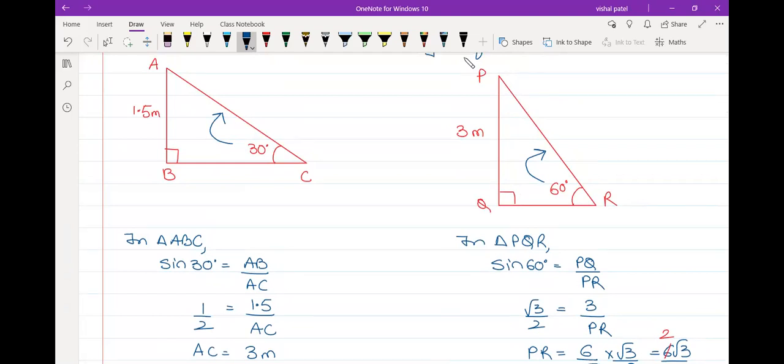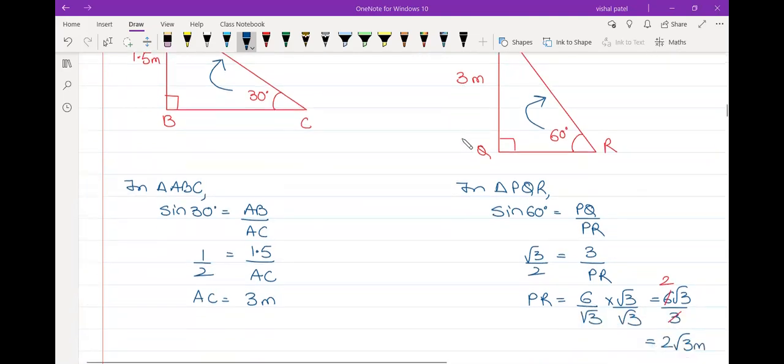They had given the height above the ground and you have to find out the length of the slide through which you're going to slide down. So till here, I don't think the sums are difficult at all.